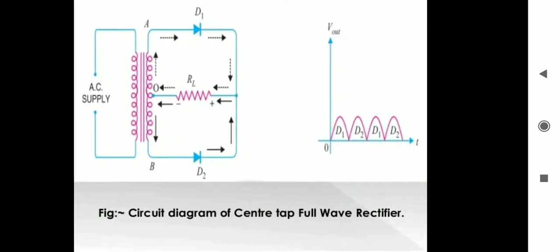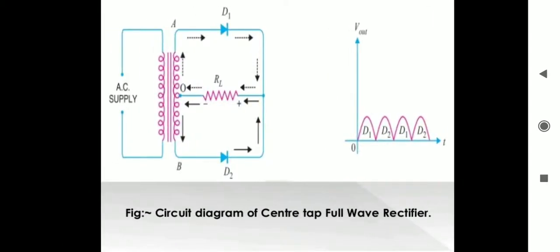The average output DC voltage here is almost twice the DC output voltage of a half-wave rectifier. So with the combination of these two half-wave rectifiers, you can see the working principle of the full-wave rectifier.